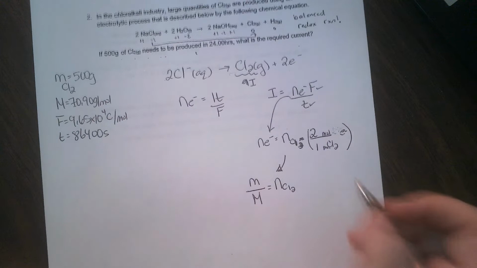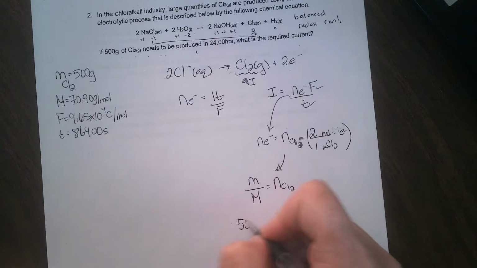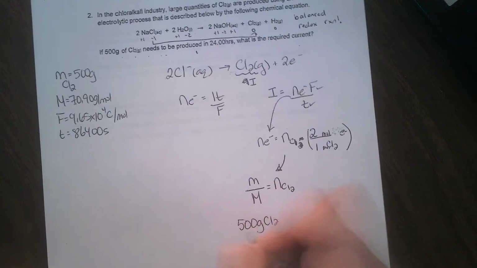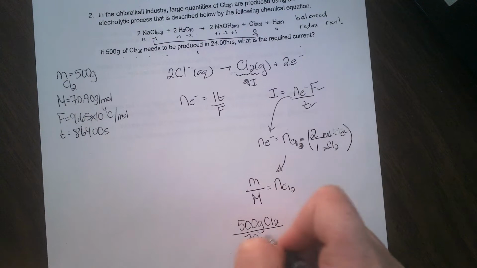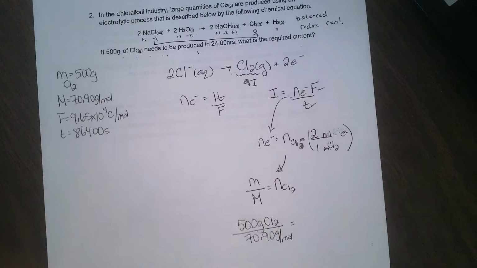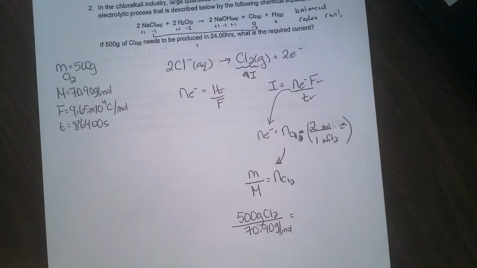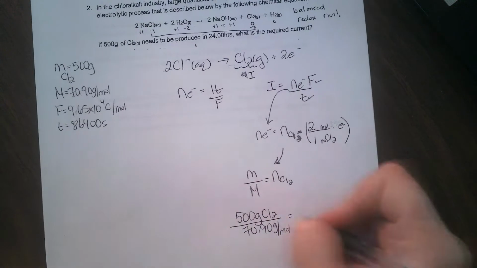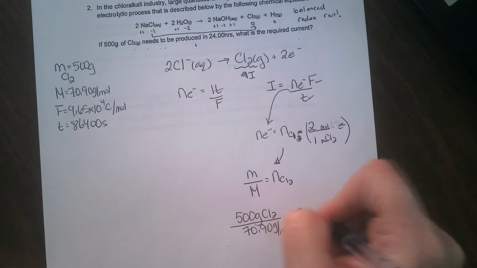So now I can work backwards. I've got 500 grams of Cl2 divided by 70.90 grams per mole. And I get what for a value? 7.05318617.